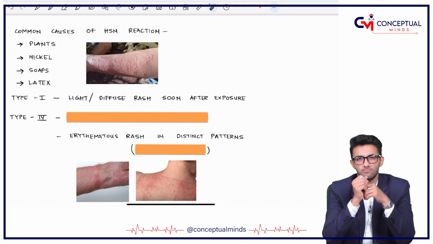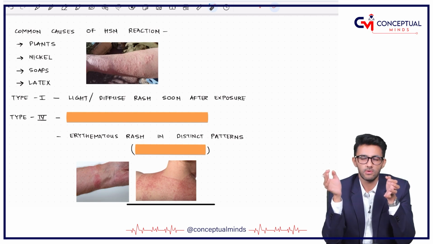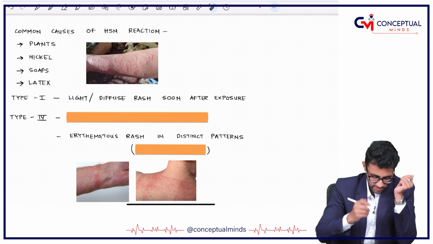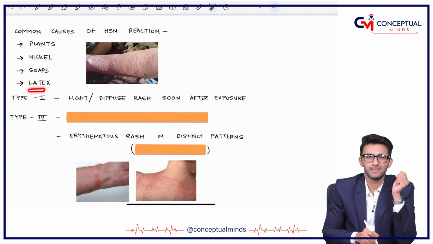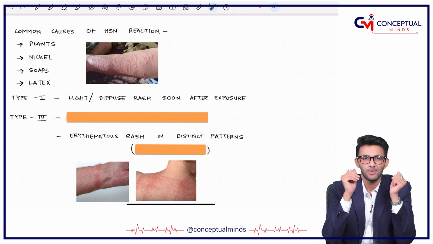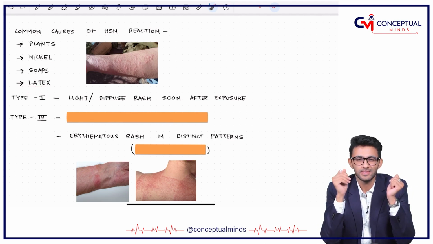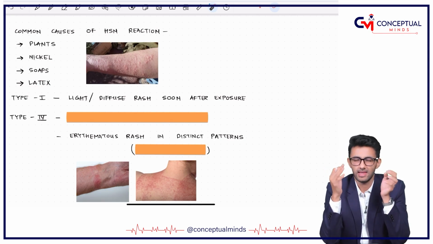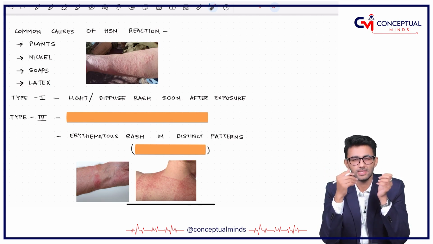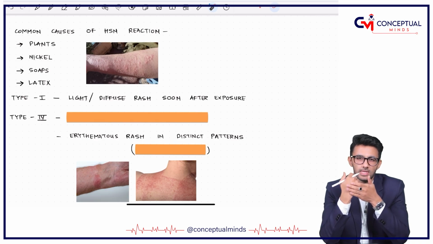So this is the most common metal used for making jewelry. Nickel, soaps, and latex. The patient could have allergies because the patient was exposed to one of these things, and the list is quite extensive. We can have allergies from anything. These are the things we can have irritation from.